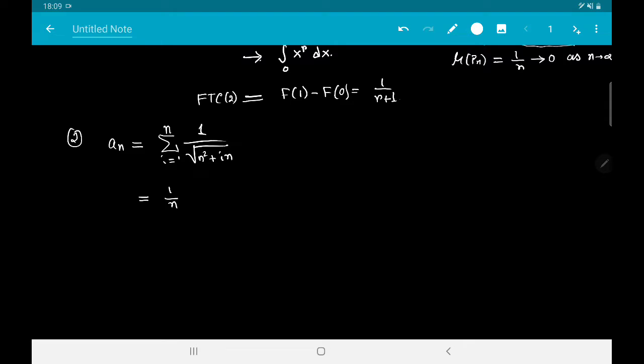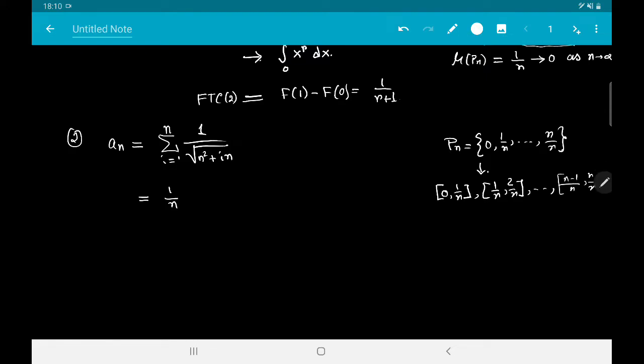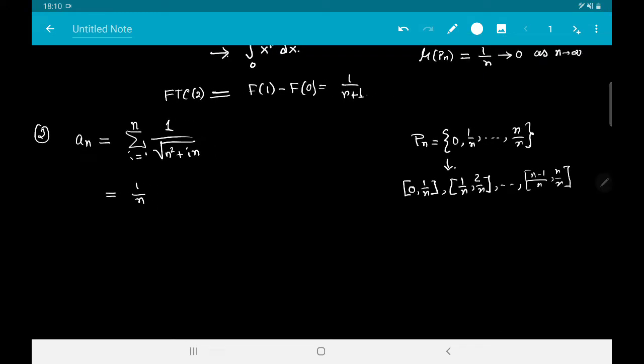We always keep in mind that whenever we are working with this kind of summation, we are somehow given this partition, which mostly we will consider throughout this course. Here P_n divides the interval into n equal parts, and what are the intervals? 0 to 1 by n, 1 by n to 2 by n, etc., n minus 1 by n to n by n.